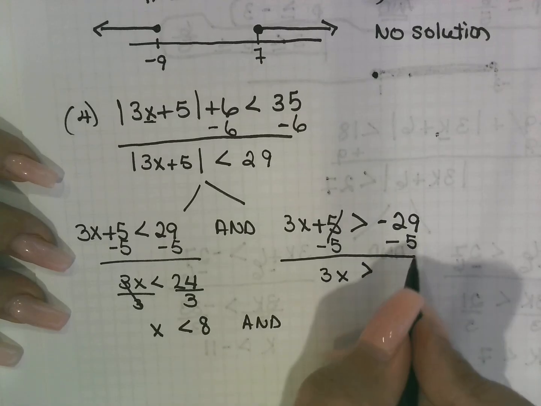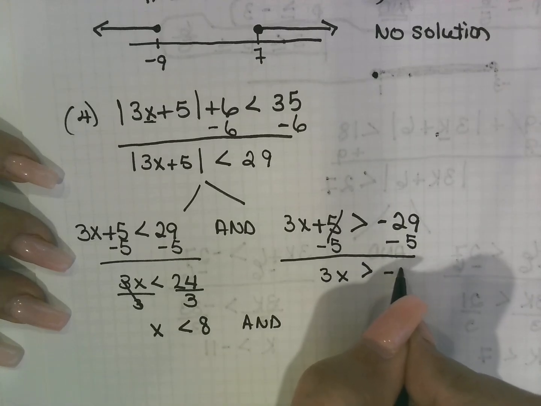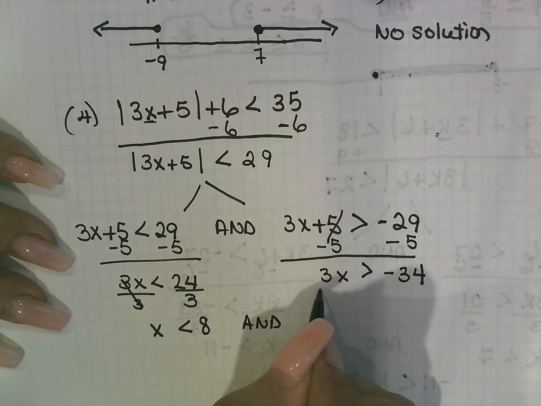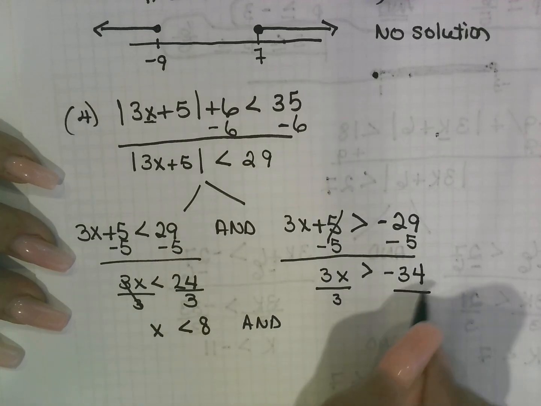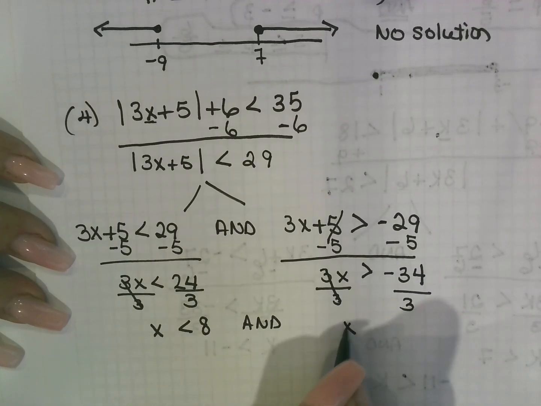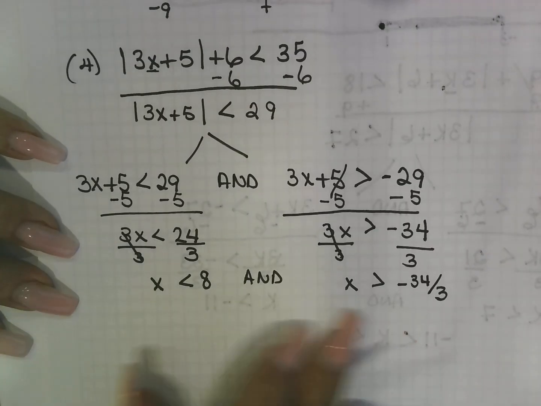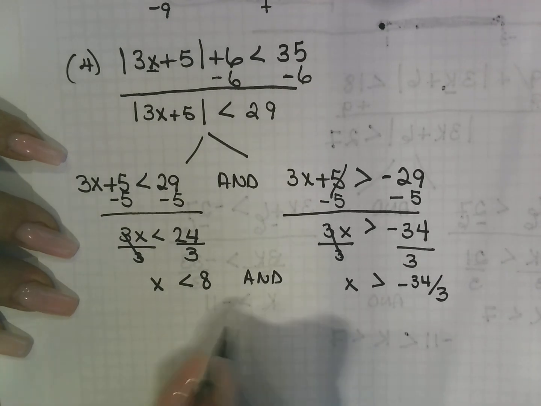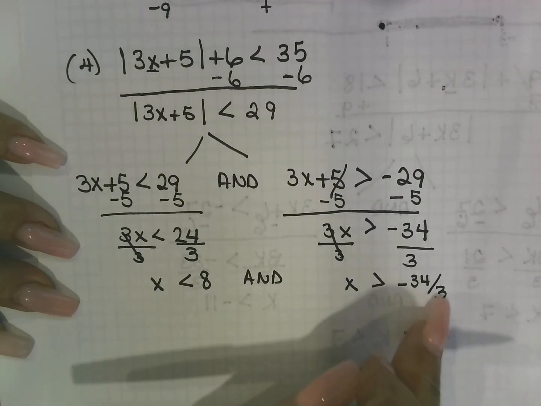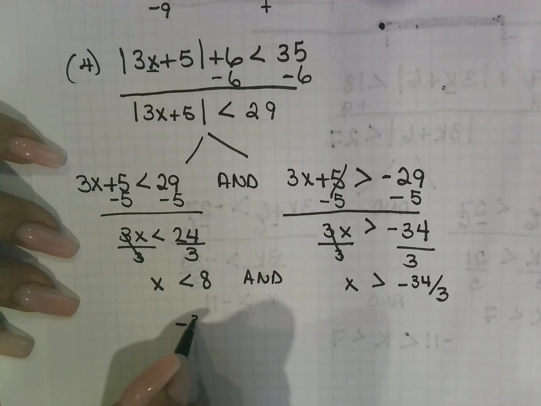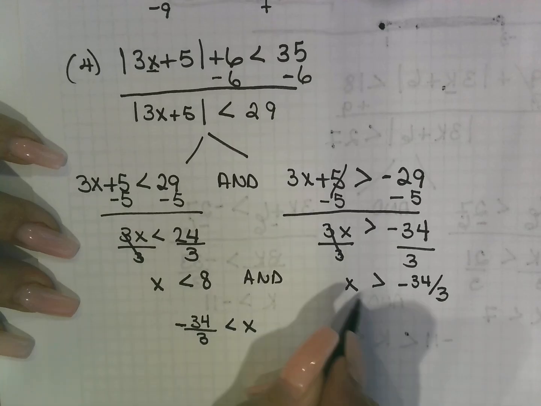3x is greater than negative 34. We're going to divide both sides by 3. So x is greater than negative 34 over 3. So once again, because this is an AND statement, we can combine everything. The smallest value is negative 34 over 3, and that's going to be less than x.